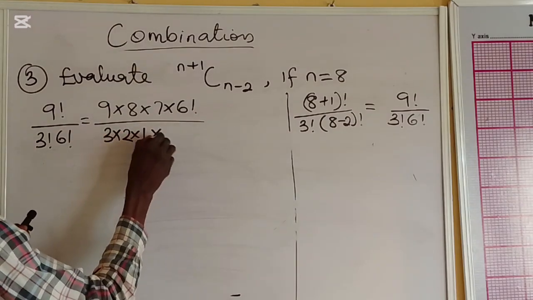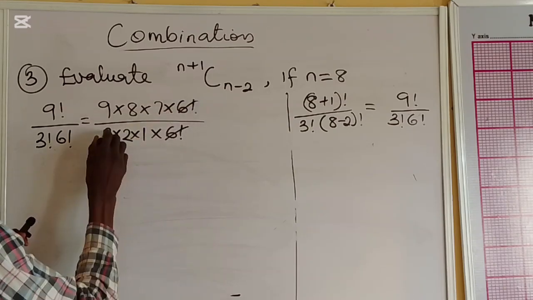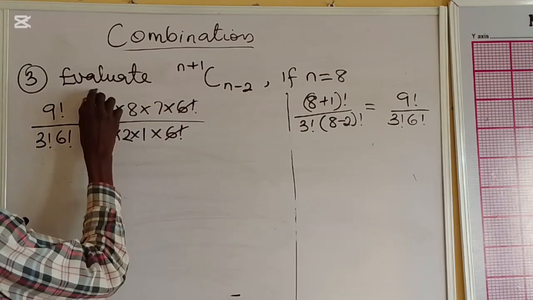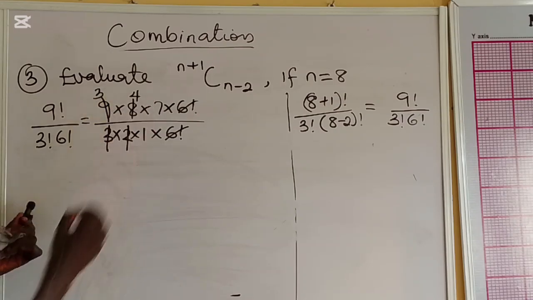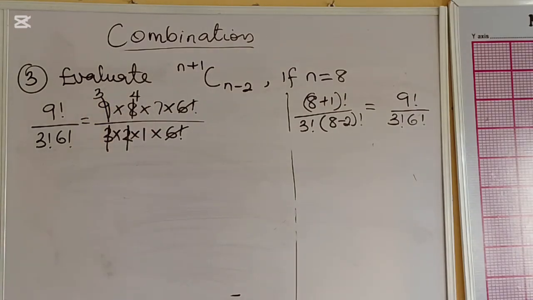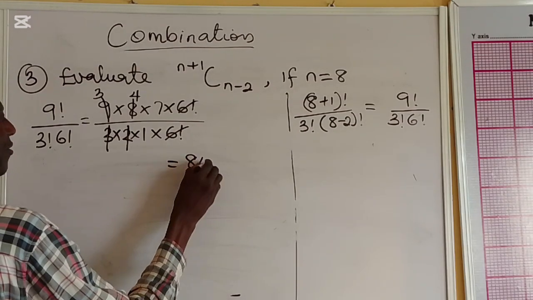Then times 6 factorial. 6 factorial will cancel 6 factorial. 3 will cancel 9 to give us 3. 2 will cancel 8 to give us 4. So what is now 3 times 4 is 12. Then times 7 is 84. So our final answer is 84.